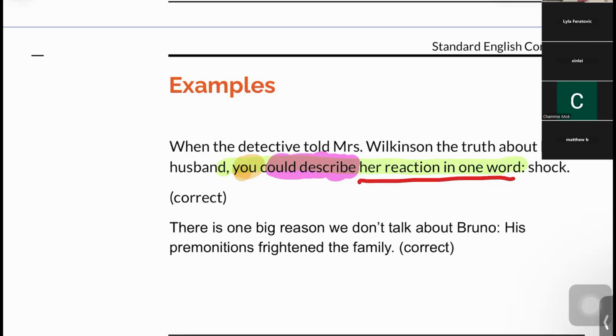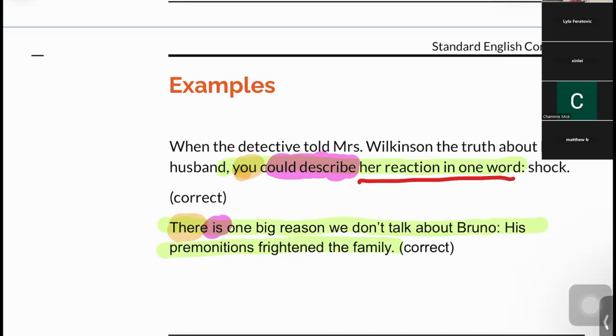And then this second one, we have: there is one big reason we don't talk about Bruno. His premonitions frightened the family. So there, in this case, is working as our subject, and is is our predicate, and we know what there is. There is one big reason. So that is a complete idea, and that checks out, independent clause right before.